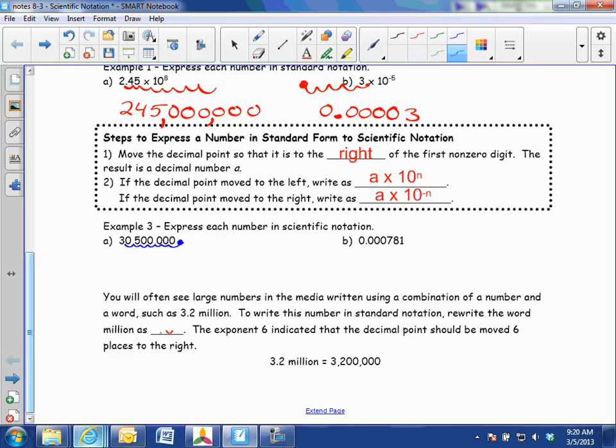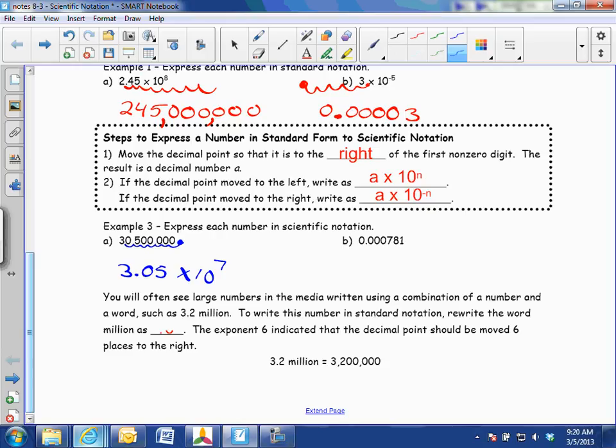It'd just be the 3.05 times 10 to the 7, because we moved it 7 times. Could it be 305 times 10 to the fifth? No, because in scientific notation, remember this number has to be between 1 and 10. Good thing to point out here.